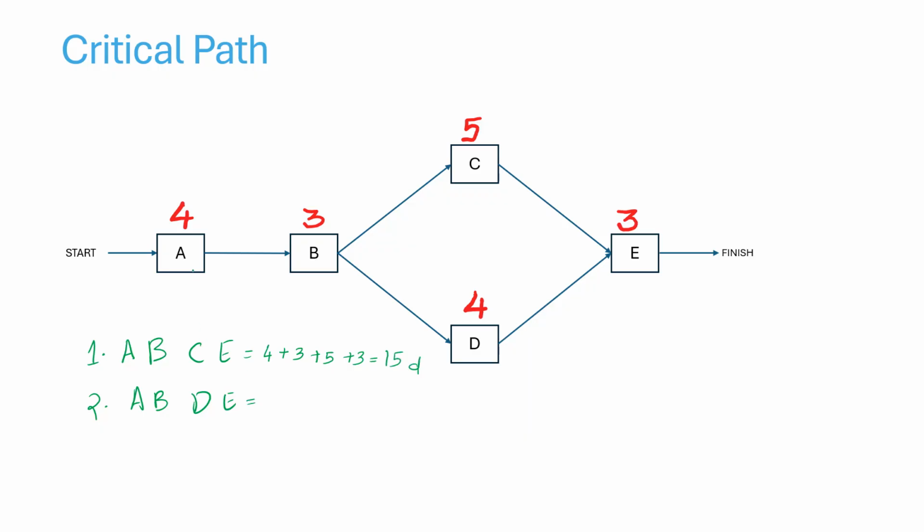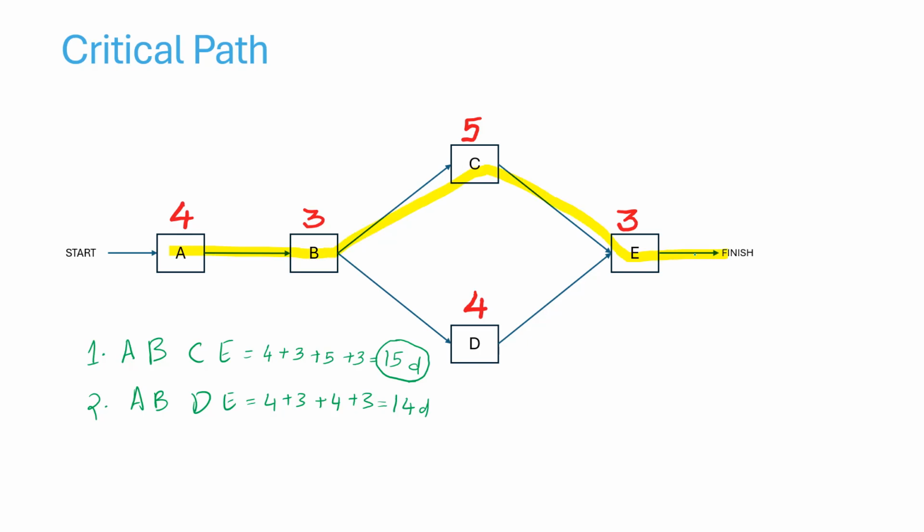And A, B, D, E is 4 plus 3 plus 4 plus 3, 7, 11, 14. A, B, C, E, because it is longer than the other path, this is your critical path, okay? And it is 15 days in duration. Let me just highlight that.